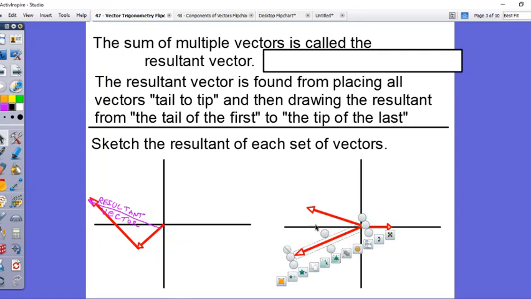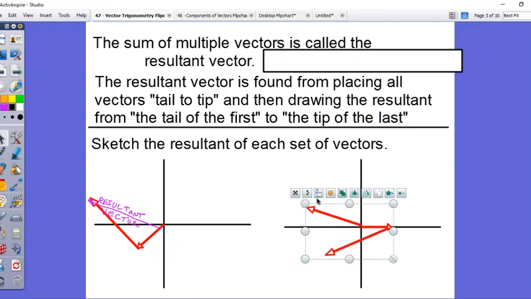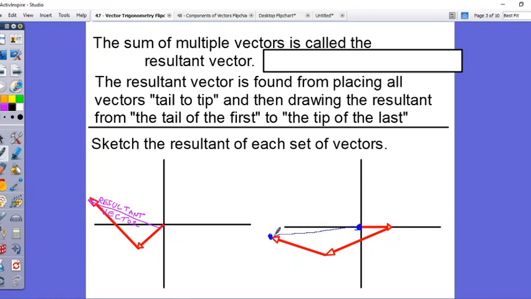Just let's move this vector, tail of the first to the tip of the last. This vector would start at the beginning of the first and move to the end of the last. So this would be the resultant vector, okay?